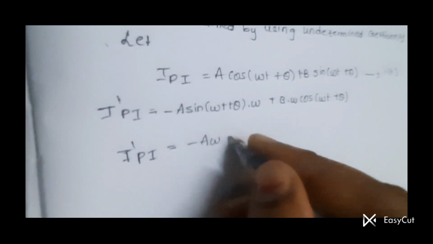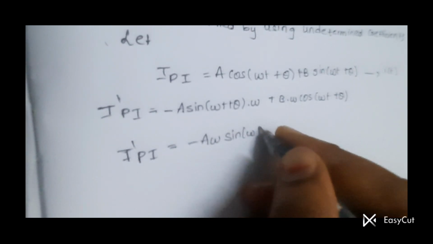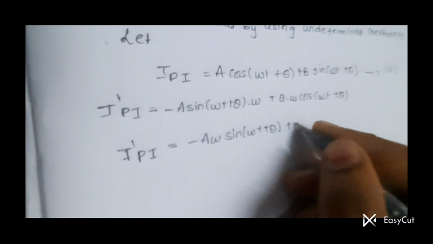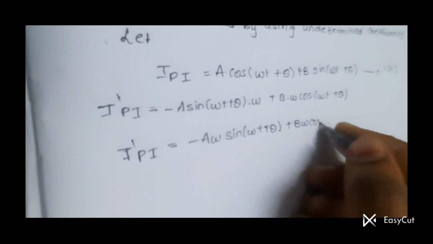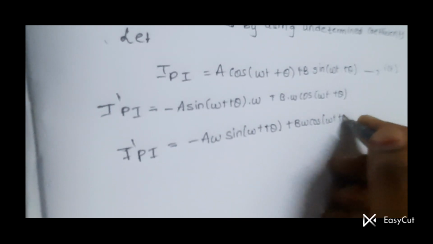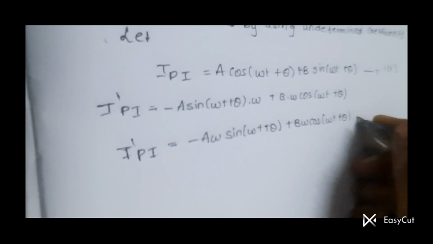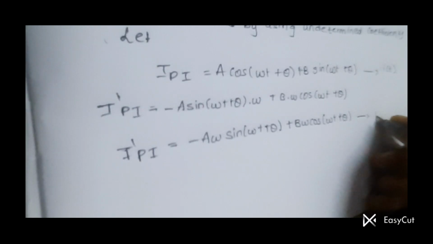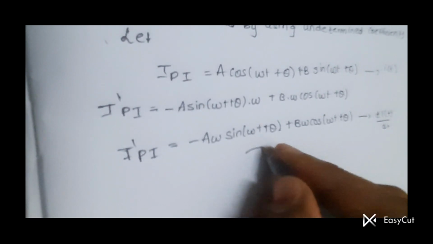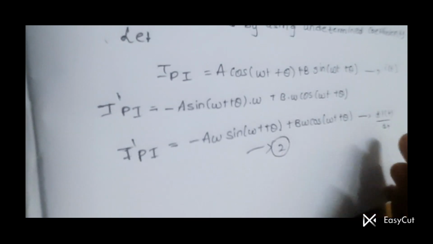Minus A omega sin of omega t plus theta plus B omega into cos of omega t plus theta, and it is di of t by dt, treating it as equation 2.